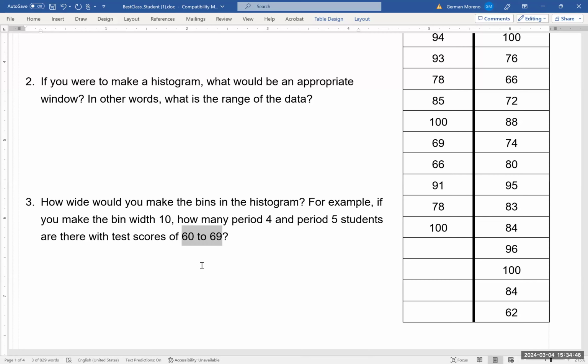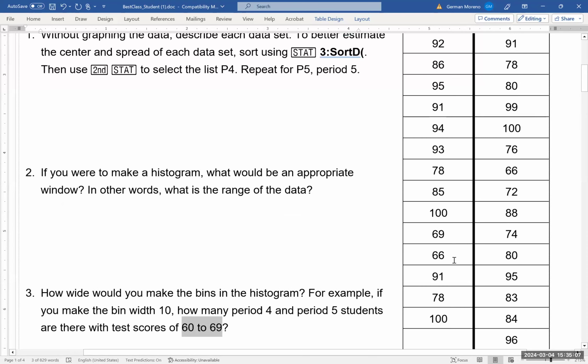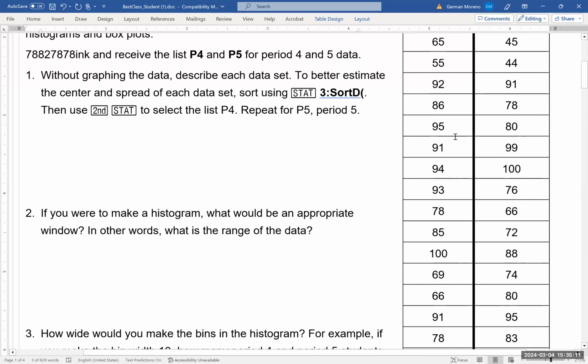But they're trying to get you to think about whether that's actually a practical thing to do in terms of not just the way we think of grades, but also in terms of how many values will be in each bin. So 60 to 69, if you look, you've got, let's see, one, two, three.